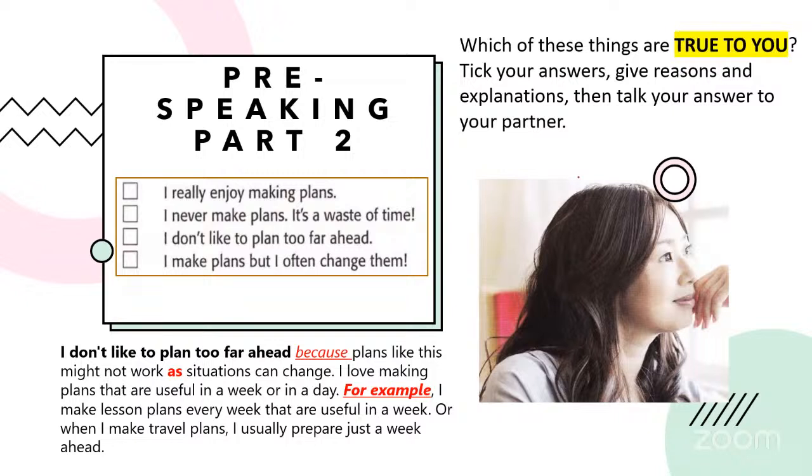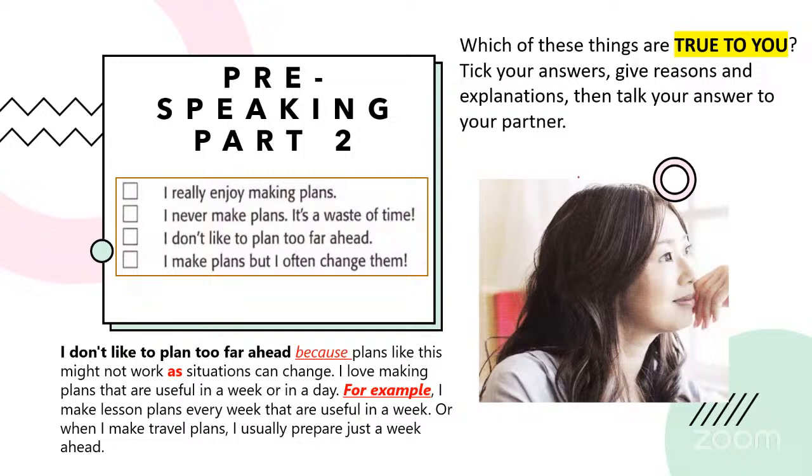I think planning is good because it helps me know what to do. For example, I usually make plans for study and free time, but sometimes I change my plans because sometimes new things happen next week or next month.